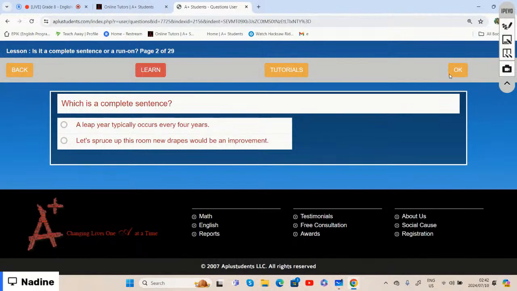So we need to say which is a complete sentence.